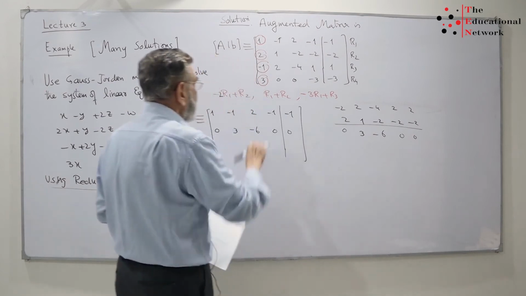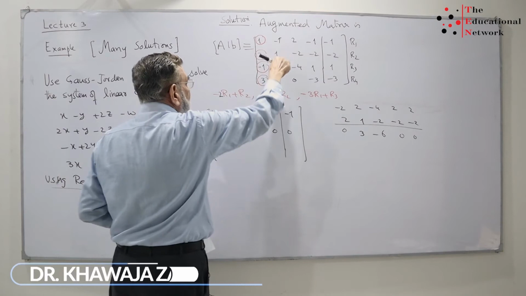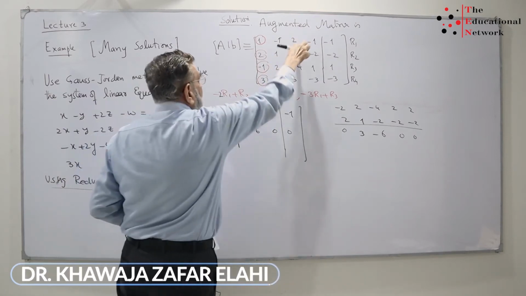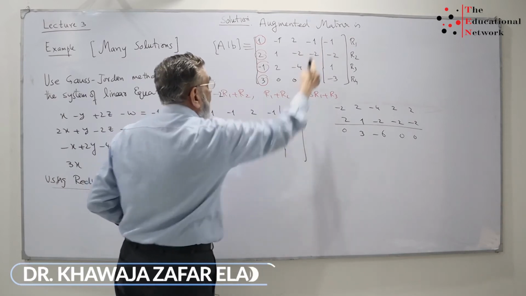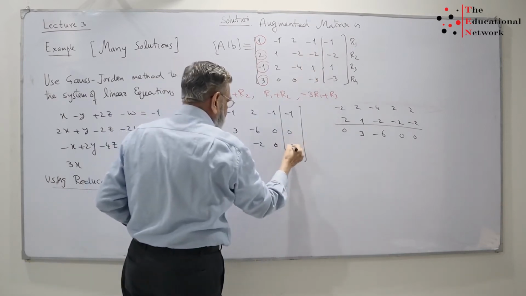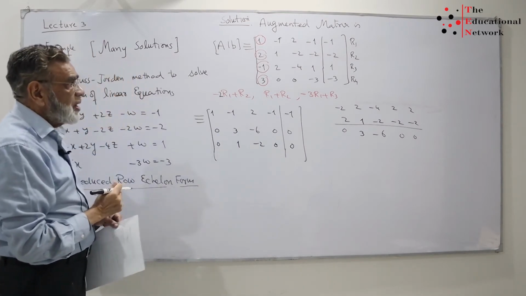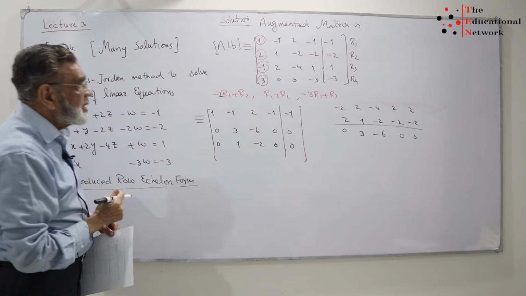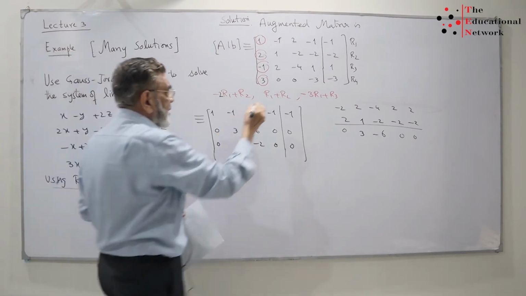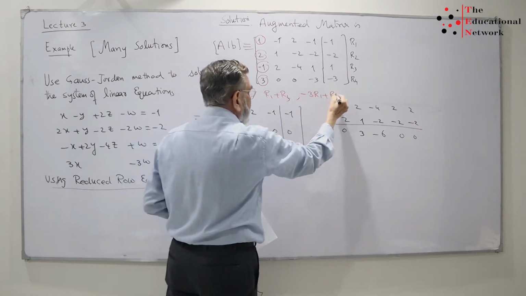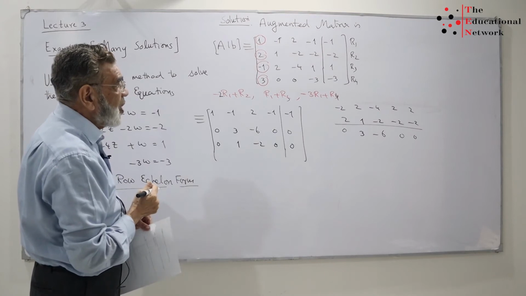Now my next row operation is adding row 1 and row 3. I get 0, -1 and 2, we get 1, 2 and -4, we get -2, -1 plus 1 is 0, -1 plus 1 is 0. So this is my new R3. For the last row, row 4, I just multiply the first row by -3 and add to row 4.